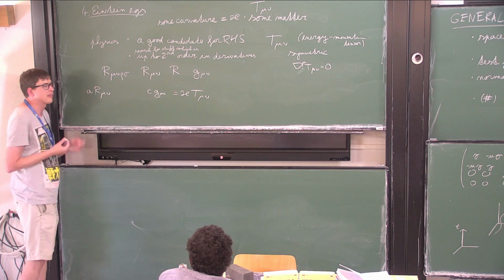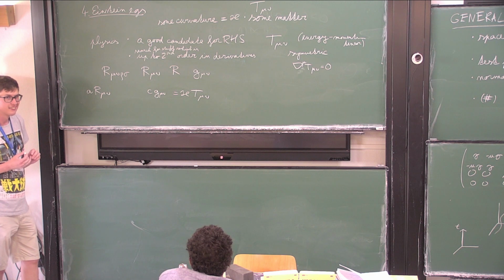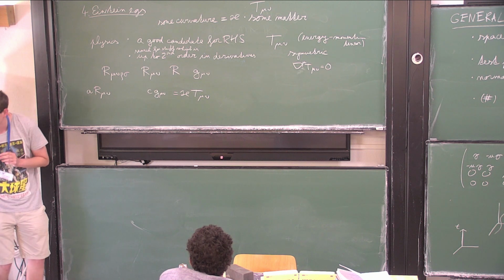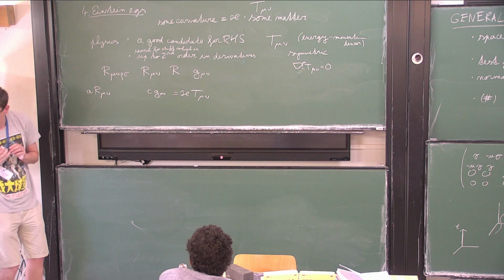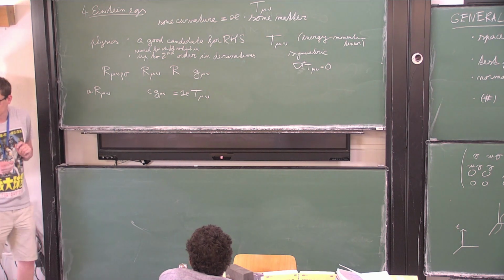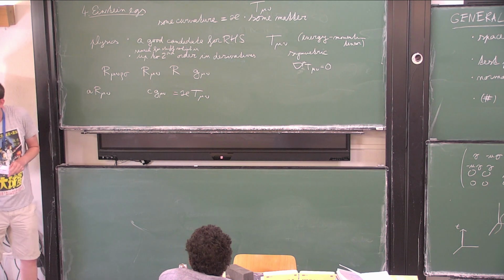I'm allowed to multiply things. Scalar curvature. And it needs to have two indices. This has two indices, this has two indices, this has two indices. So you multiply it with the metric.